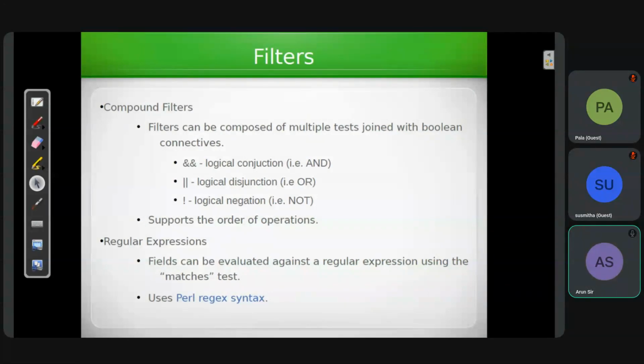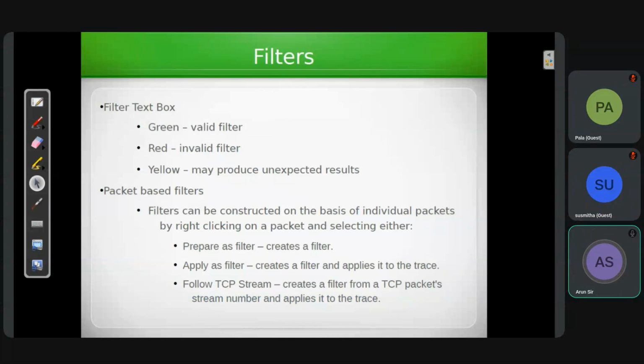We can even compound the filters, two or three conditions together, like we do in a database query, like we do in analysis. Same thing we can do here also. Once your filter box is valid, meaning you have written in proper query format, you will immediately get a green filter.